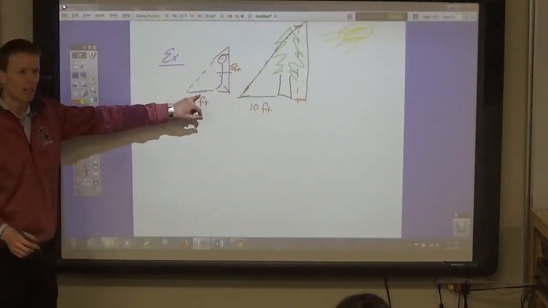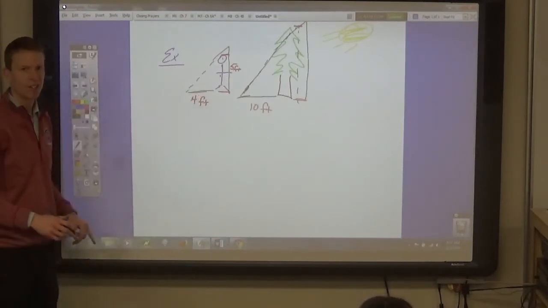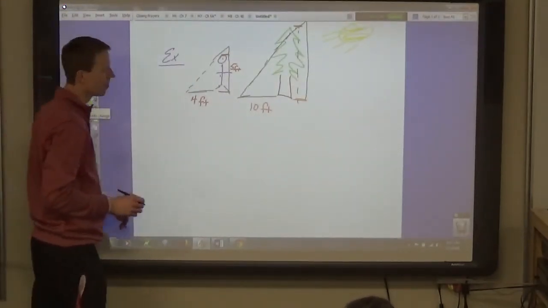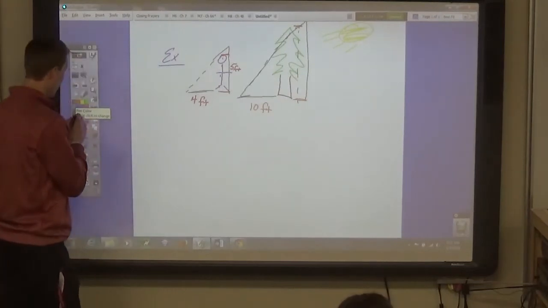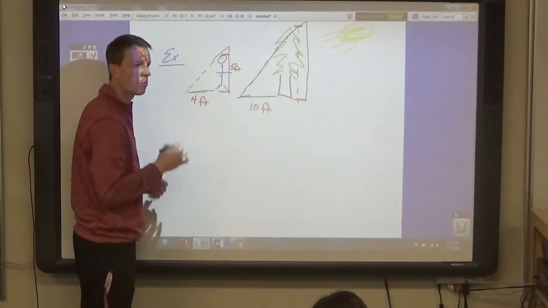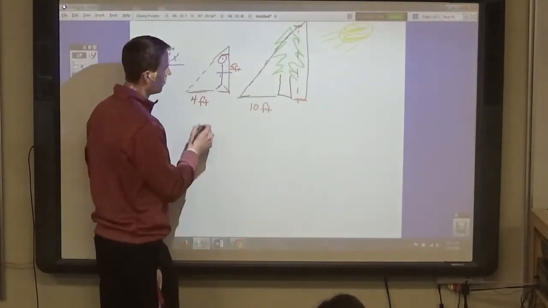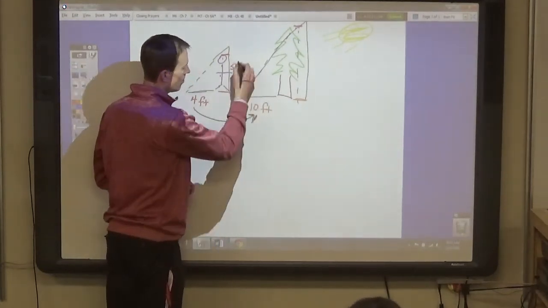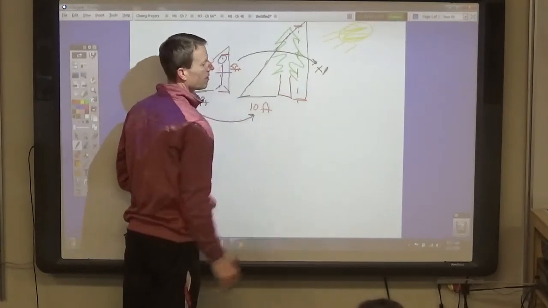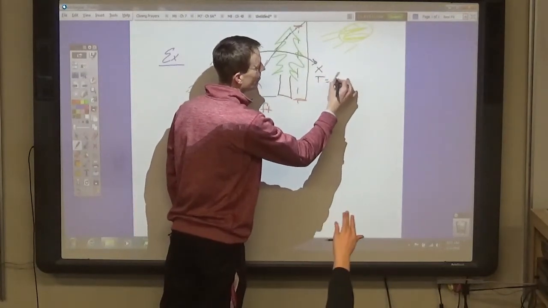So let's write a proportion that works. 5 over x, or 5 over t for tree.